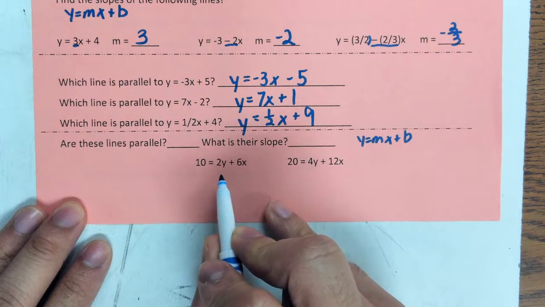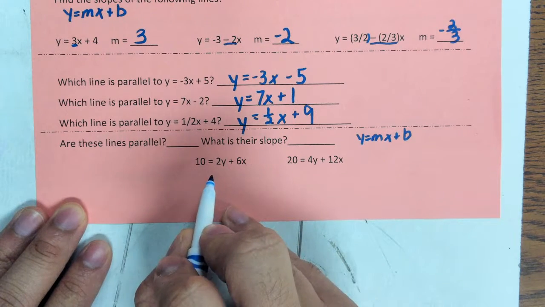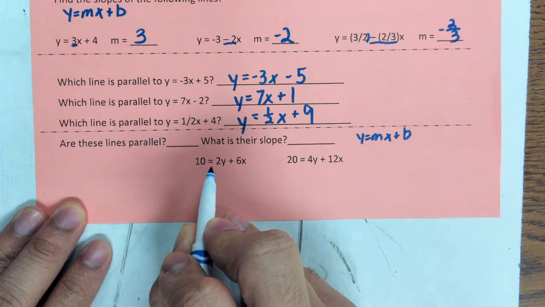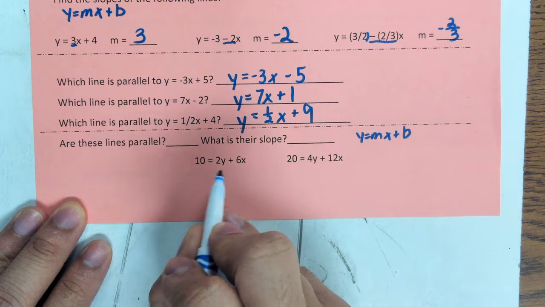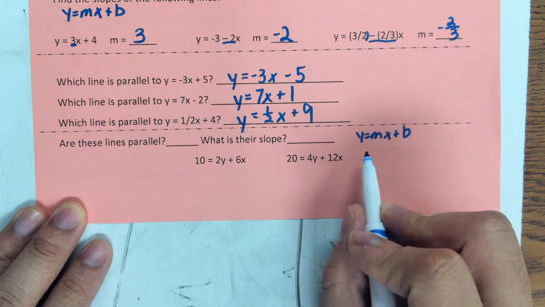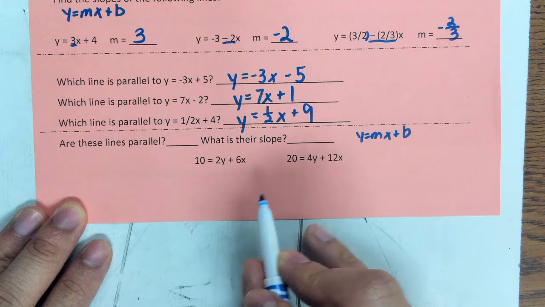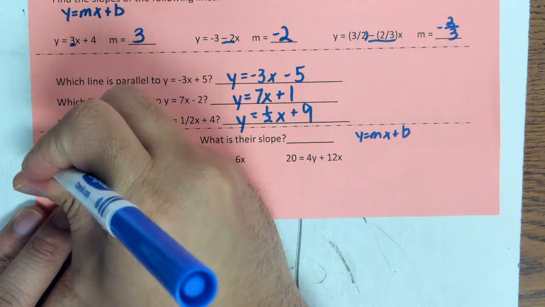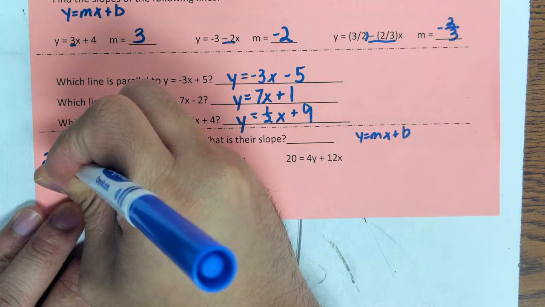So the equation over here, we have 10 equals 2y plus 6x. Notice equals means the left and the right are the same. And normally, it's easier for us to have y on the left side, because that's how we're used to seeing it. So I'm going to go ahead and swap the two sides of the equal sign.